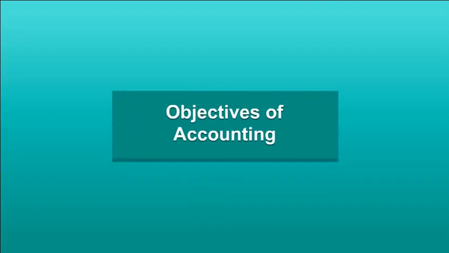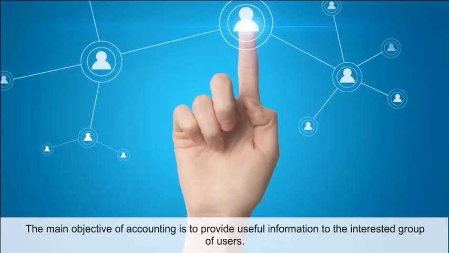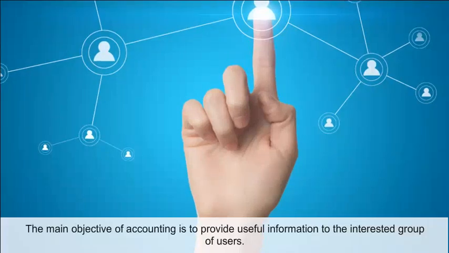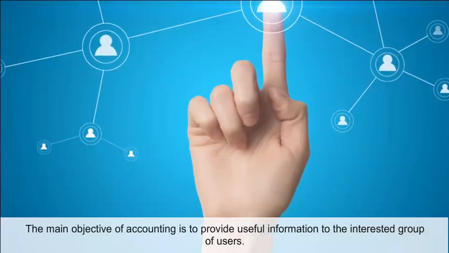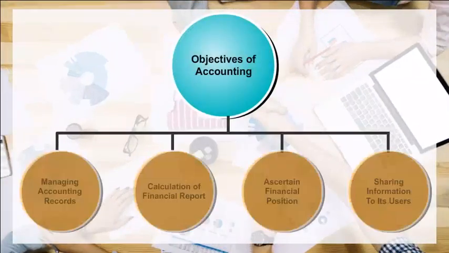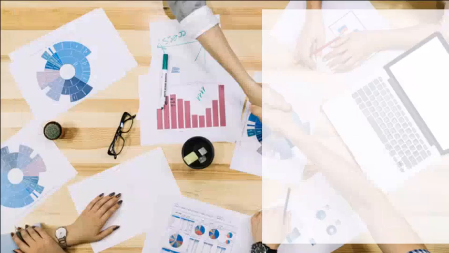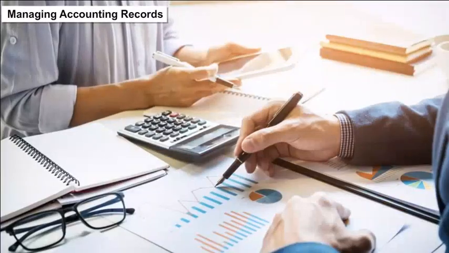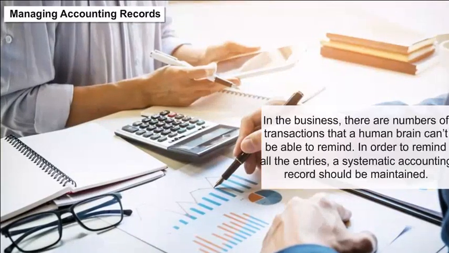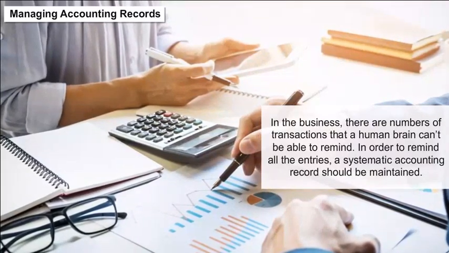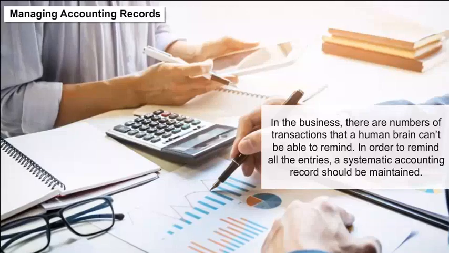Objectives of accounting. The main objective of accounting is to provide useful information to the interested group of users. Accounting objectives are classified into different sections. Managing accounting records. In a business, there are numbers of transactions that a human brain is not able to remember.